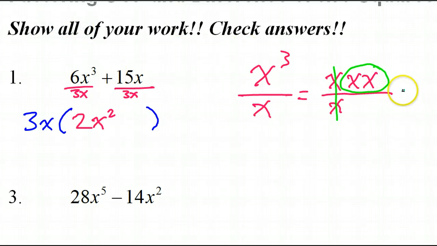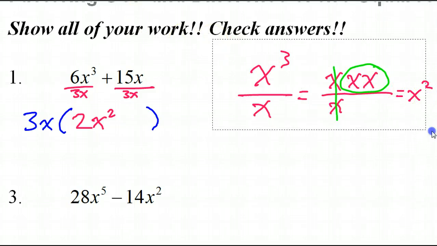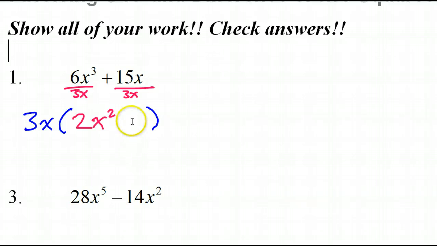That's why we're getting x squared. Alright, just a quick review right there. Anyway, plus, now 15 divided by 3 is 5, and these x's cancel out. So this is going to be the answer in terms of factoring.